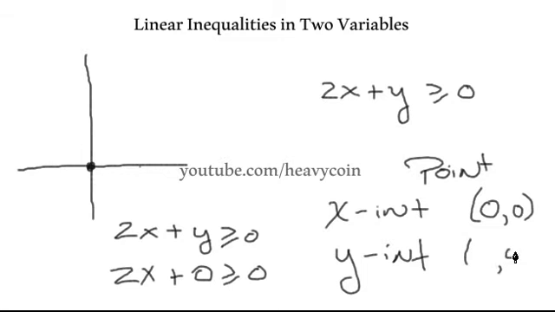That's when x is 0, sorry, and we want to know what y is. Remember, the y-intercept is where it crosses the y-axis, and the x-intercept is where it crosses the x-axis. So we plug 0 in for x.